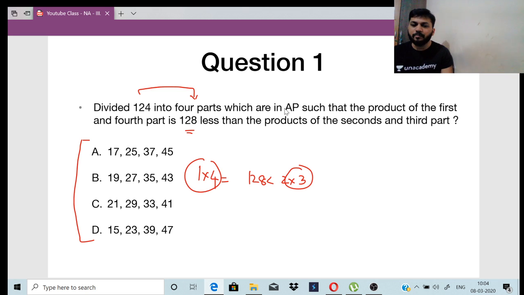So find it out in AP. In arithmetic progression they have already specified in the question which type of thing you have to use. 124 they have given, it is in AP. Solve this question.